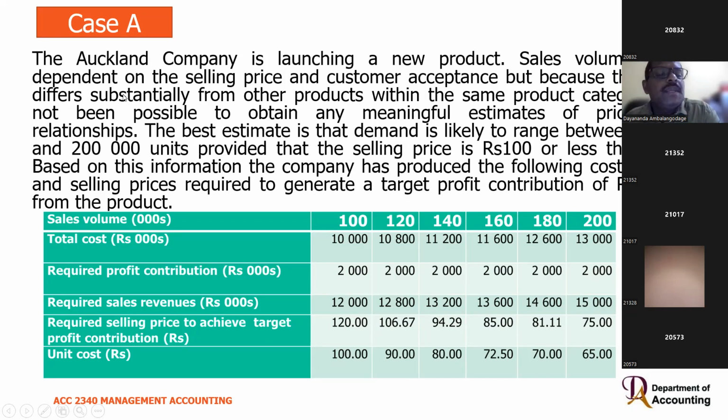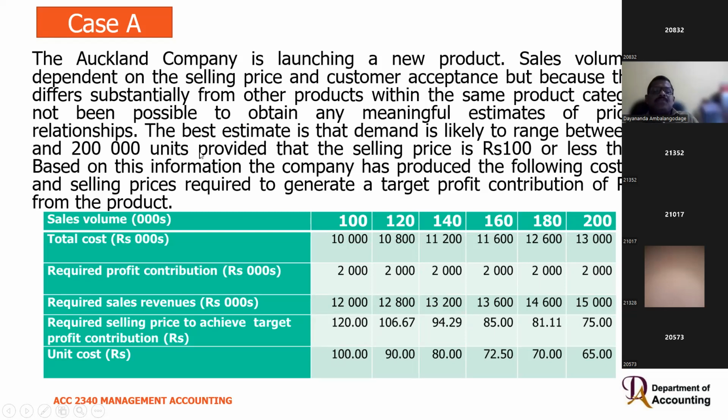The Auckland company is launching a new product. Sales volume will be dependent on the selling price and customer acceptance, but because the product differs substantially from other products within the same product category, it has not been possible to obtain any meaningful estimates of the price-demand relationship. So you don't have data about the demand: at this price so much, at this price so much.